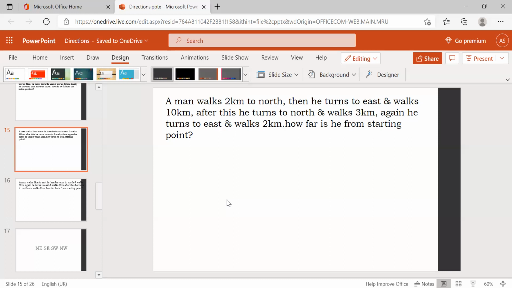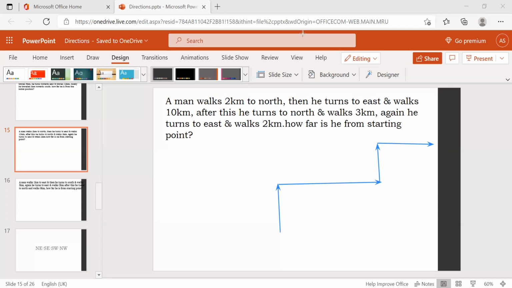Okay, see here what they're saying. A man walks 2 kilometers to the north, 2 kilometers, right? Then he turns to east and walks 10 kilometers. After that he turns to north again, 3 kilometers. Again turns to east, walks 2 kilometers, and how far from the starting point?